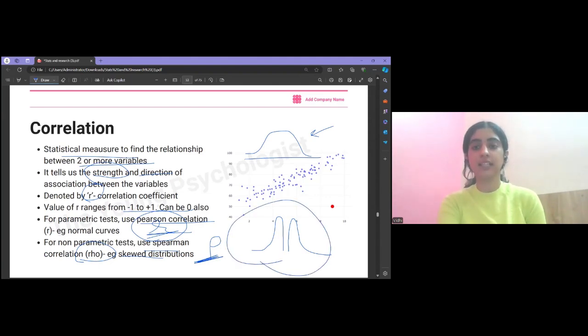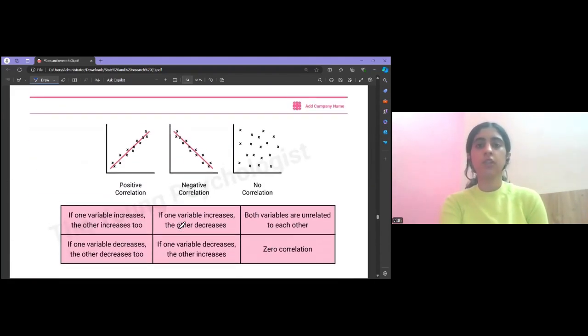But in the second case, where the data is not evenly distributed, let's say the observations are clustered towards one extreme, that is known as skewed distribution where we will be using Spearman. Another way of remembering is S for skewed and S for Spearman. These are small tricks that you can use to remember what kind of correlation test to use with what kind of distribution. I hope this is clear. Let's go to the next slide and talk about some more concepts.